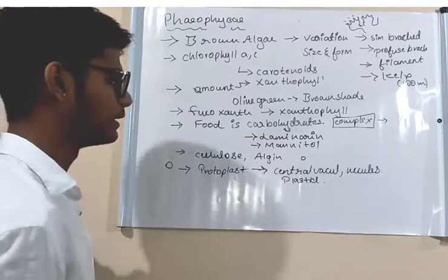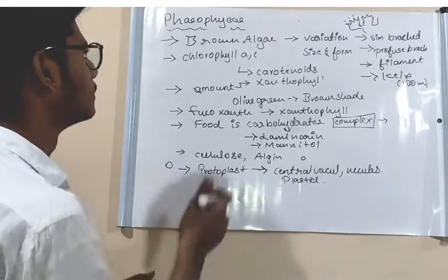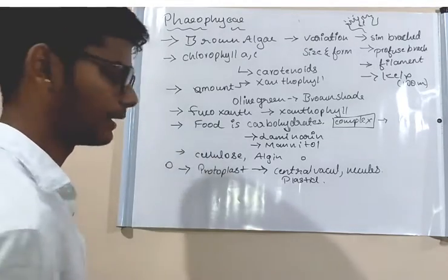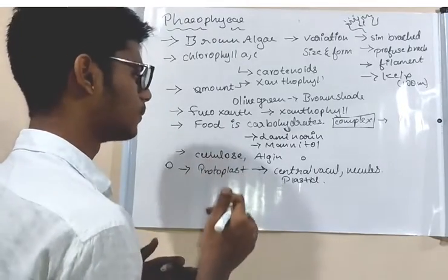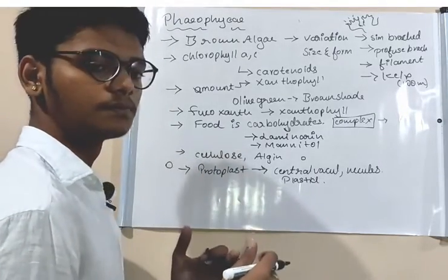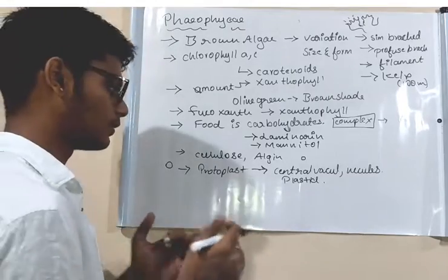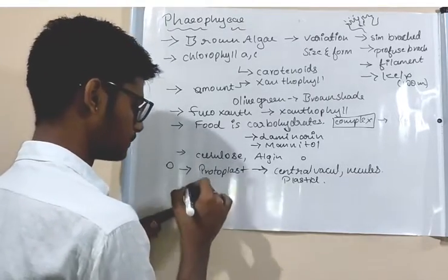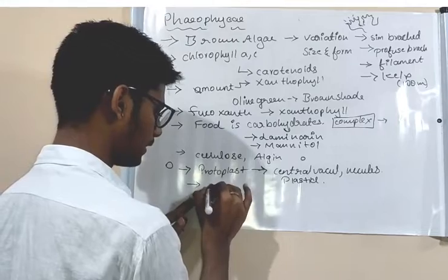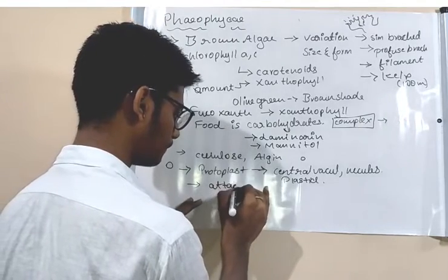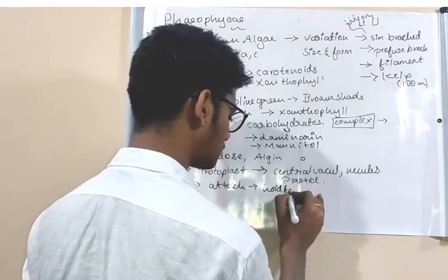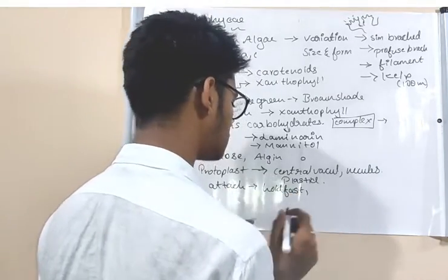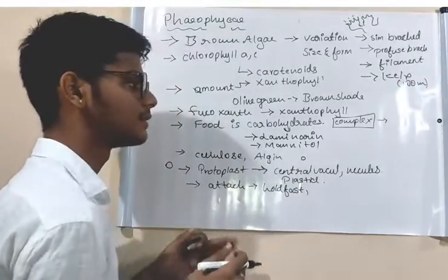Algae is a plant, so it will have root, stem, leaf. The root is not developed, so it is attached by a holdfast, which is root like.